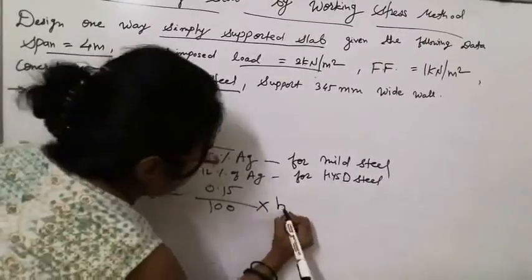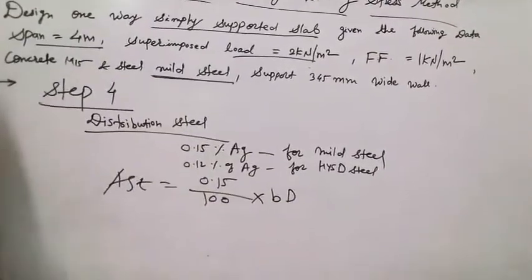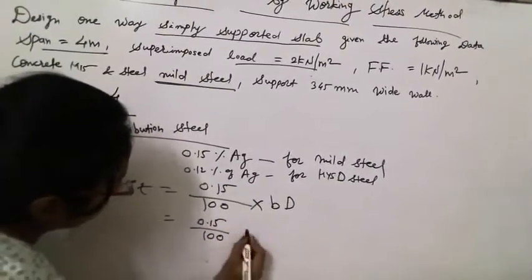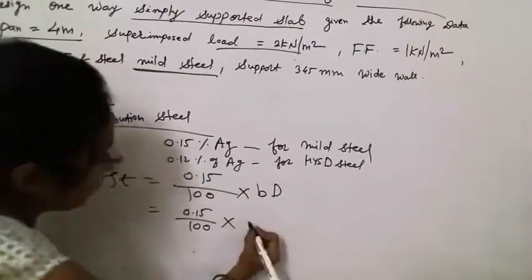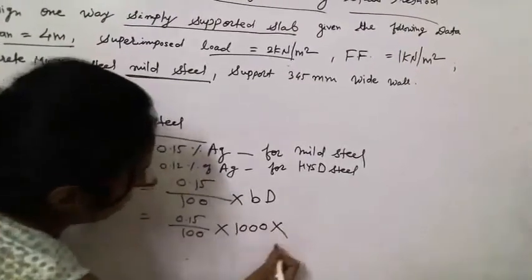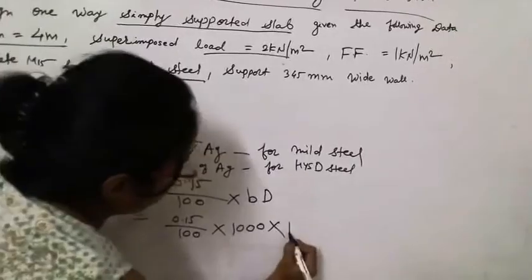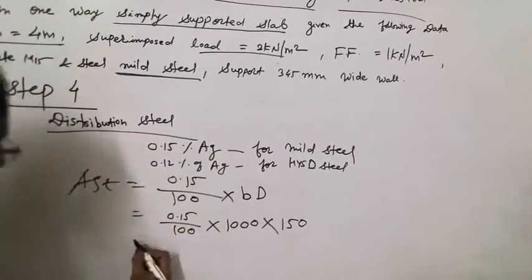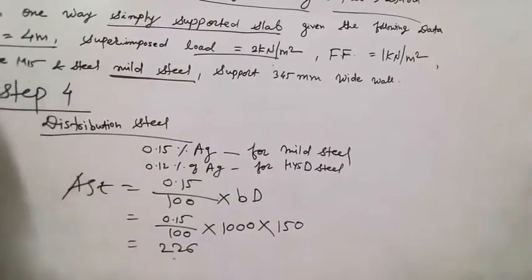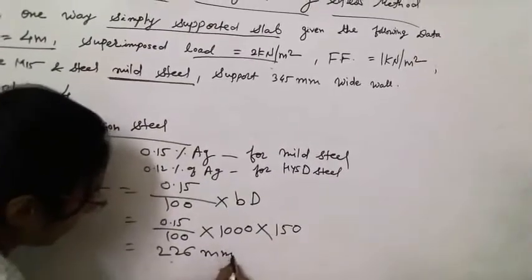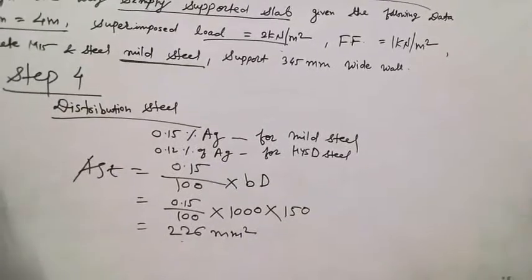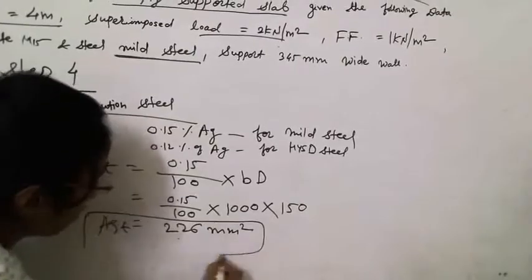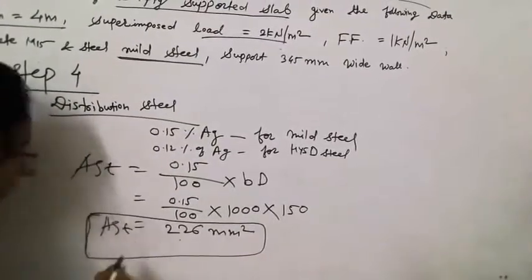Ag is B into capital D. 0.15 into B already taken 1000 and D is 150. The value is 226 mm square. This one is the area of steel for distribution.